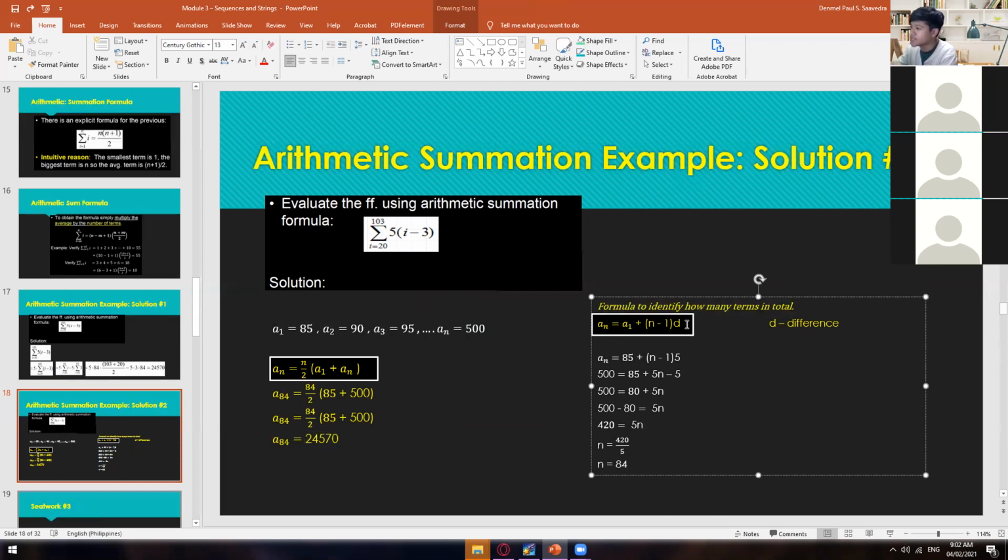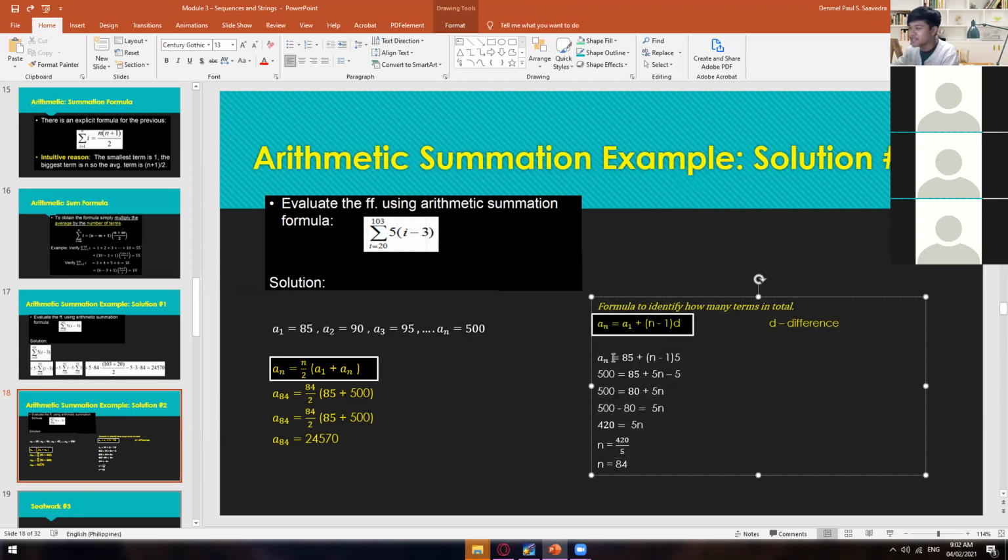So this is the formula on how to identify how many terms in total: a sub n is equal to a sub 1 plus n minus 1 times d. This is actually the longer format. I've just indicated it in here just in case you want to have a longer solution.